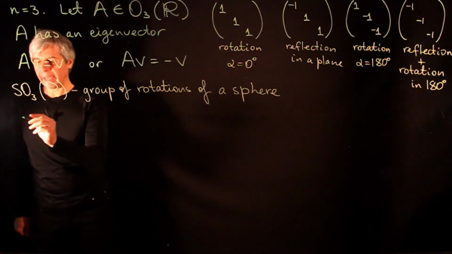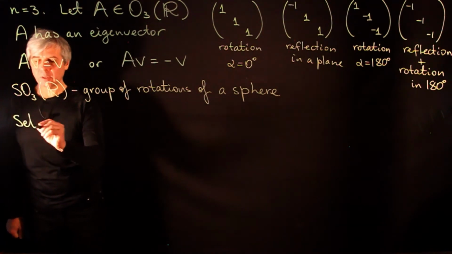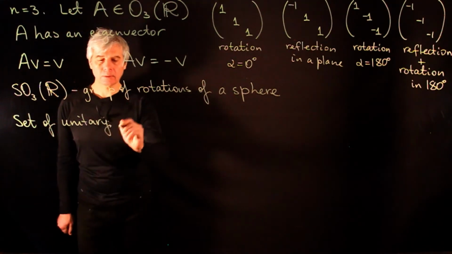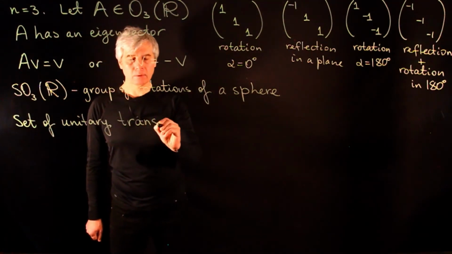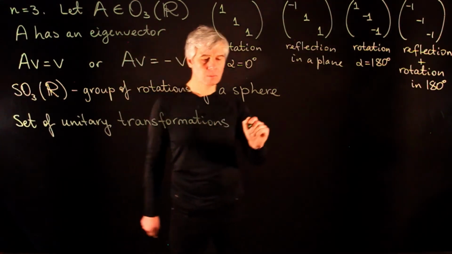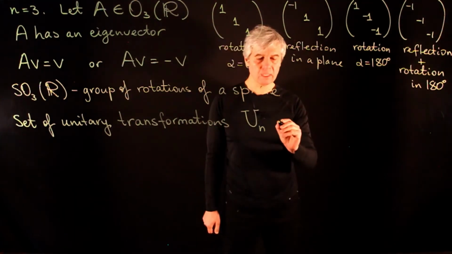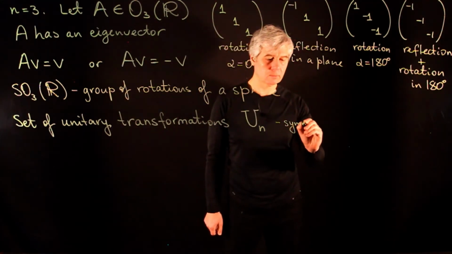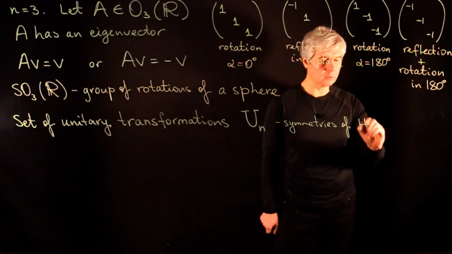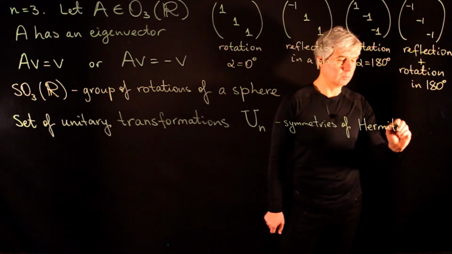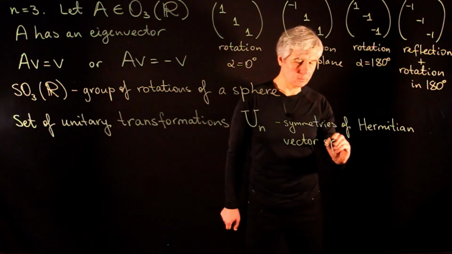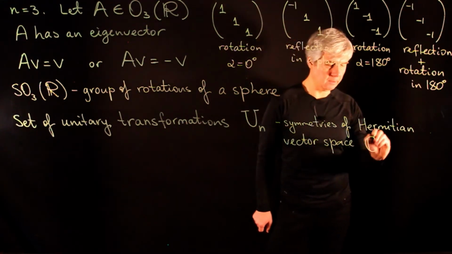Next, let us look at the unitary transformations. So we take the set of unitary transformations U(n). These are symmetries of the Hermitian vector space Cn.